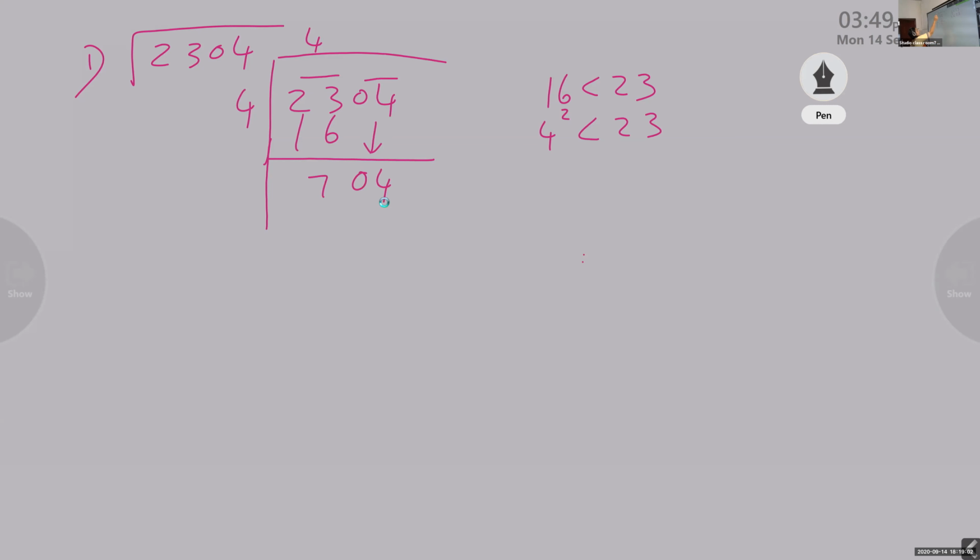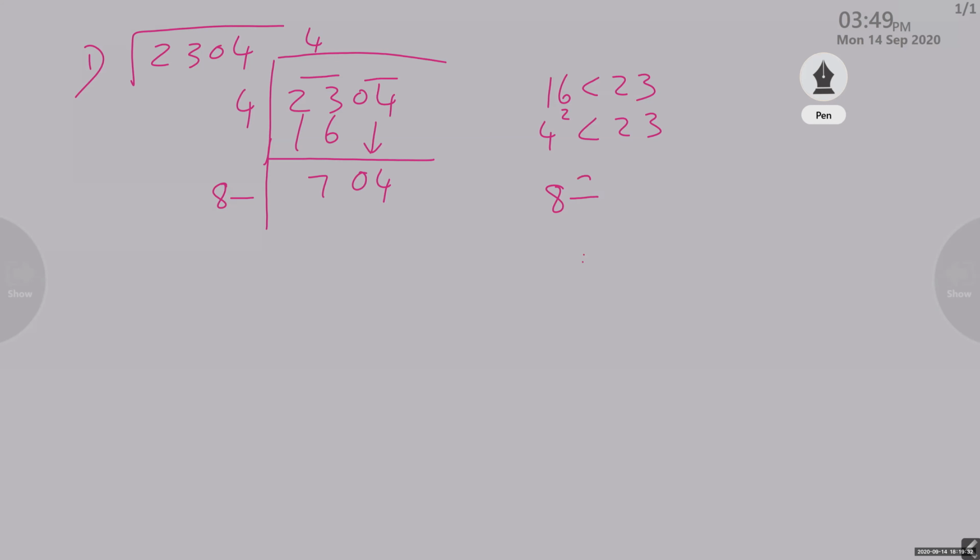Write the double of the quotient, so 8. Put a dash. Fill the dash: 8 dash. Write a number that, placed there and multiplied by the same number, gives the product.